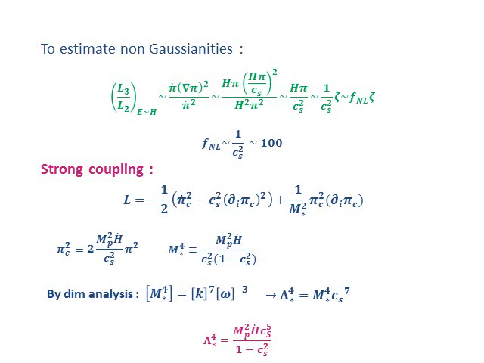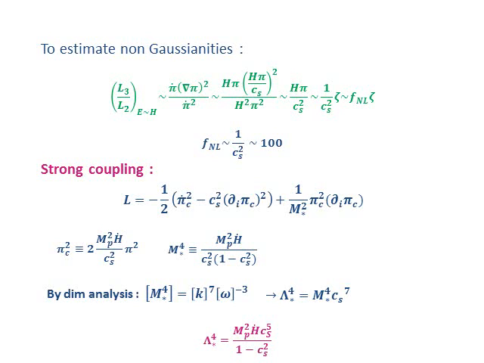And we see that for a small speed of sound, Cs much less than 1, this would be suppressed, and we want our energy scale, that is the Hubble scale, to be much less than this strong coupling scale. If we put in a small speed of sound, then H to the 4 should be much less than M_p squared H dot times Cs to the 5, and then it leads that Cs should be greater than the fourth root of P_zeta, which by experimental data is of order 0.003.